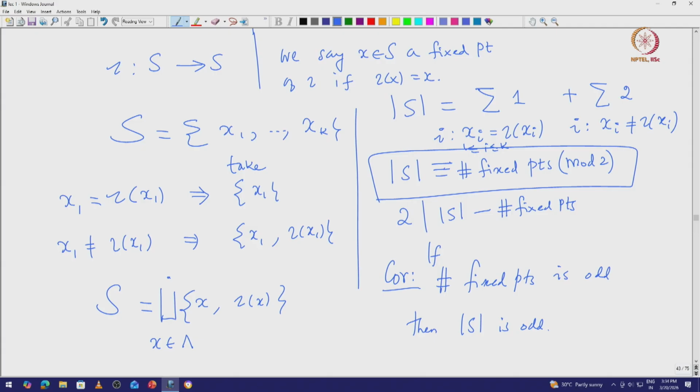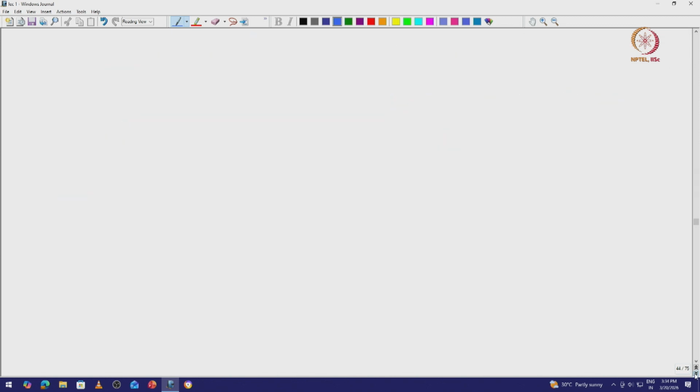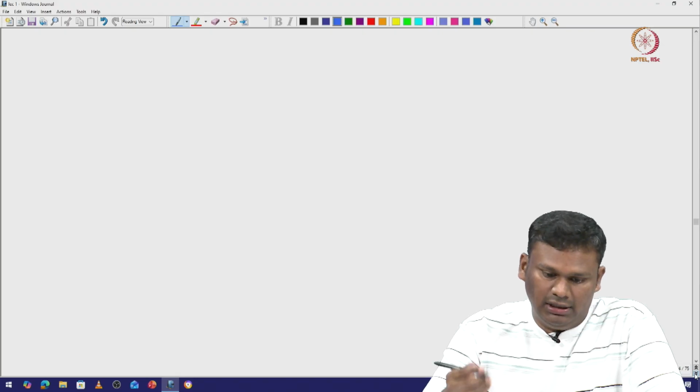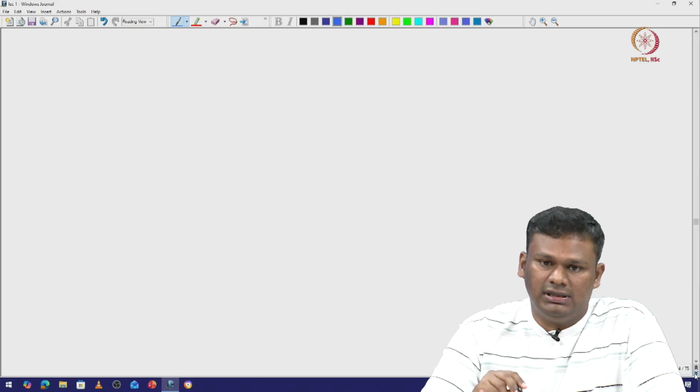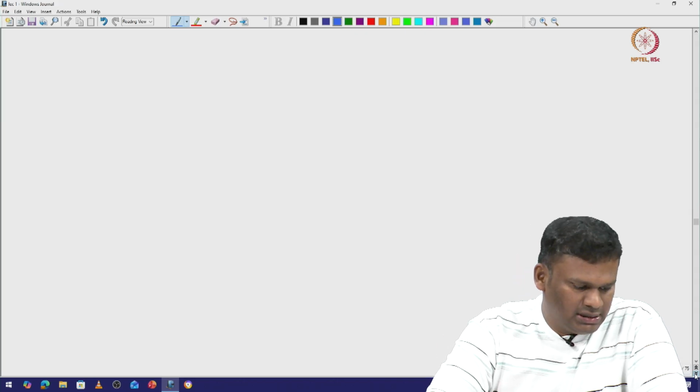Now what we will do, we will construct a set S and an involution, and then use that in order to prove this result. Again, the motivation of this proof comes from studying the algebraic proof of this theorem and then formulating it in terms of combinatorics.